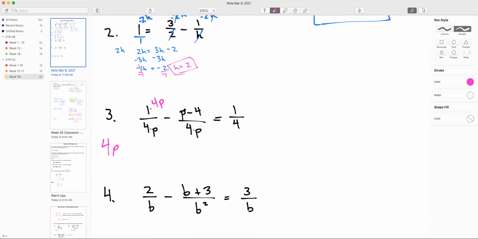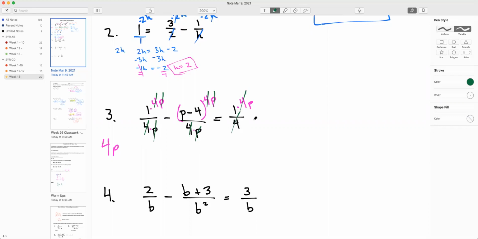So 1 times 4p, p minus 4 times 4p, and then 1 again times 4p. So now we cancel stuff. Cancel the 4s, cancel the p's, top and bottom, and then we can just cancel the 4s there.